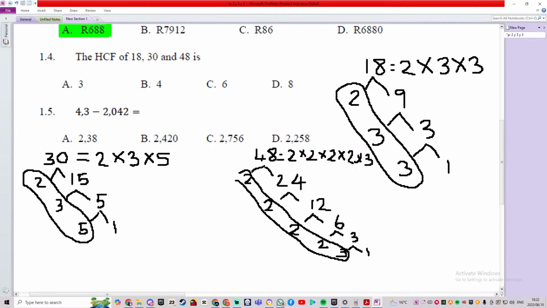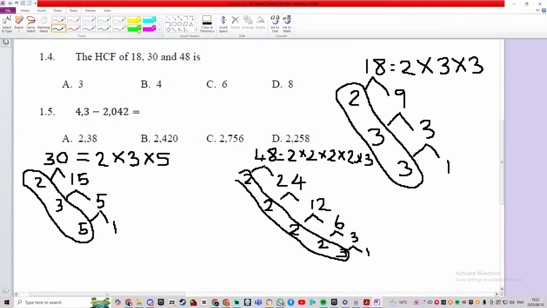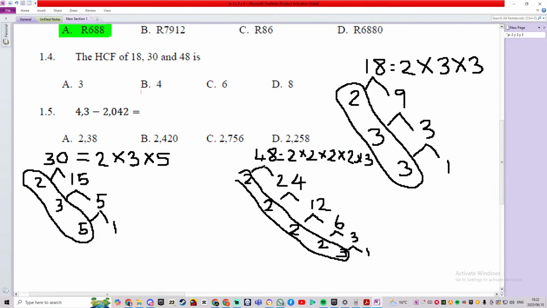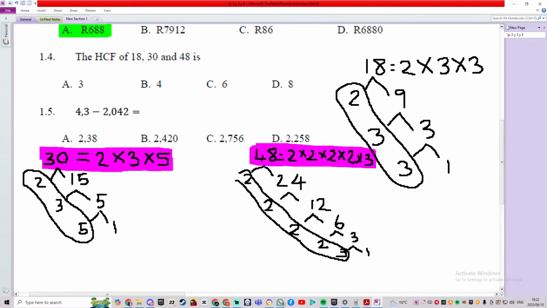So what do we have so far? We have crucial information telling us the product of the prime factors of those 3 numbers. That will help us to find the highest common factor.